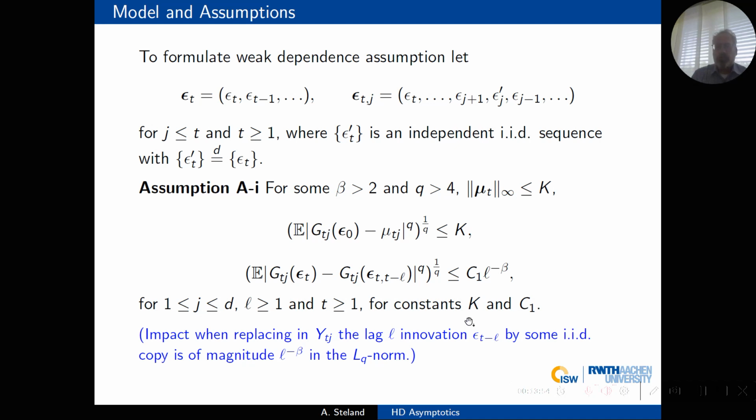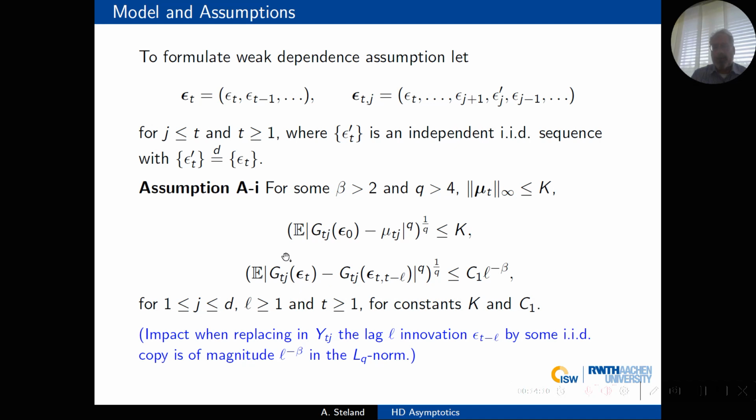The second assumption is more crucial, and this is actually a uniform physical dependence assumption in the spirit of Wu, who introduced this notion and worked very intensively with it.